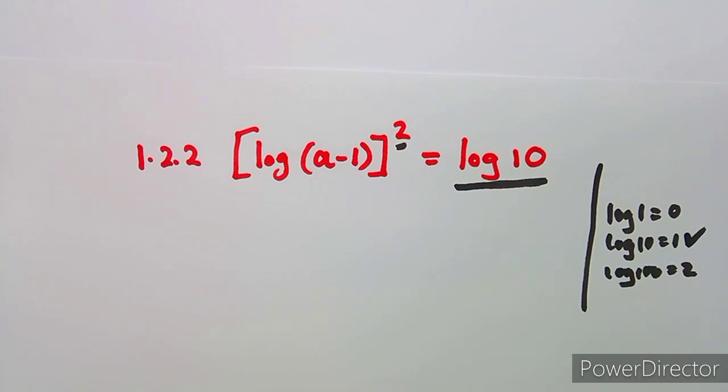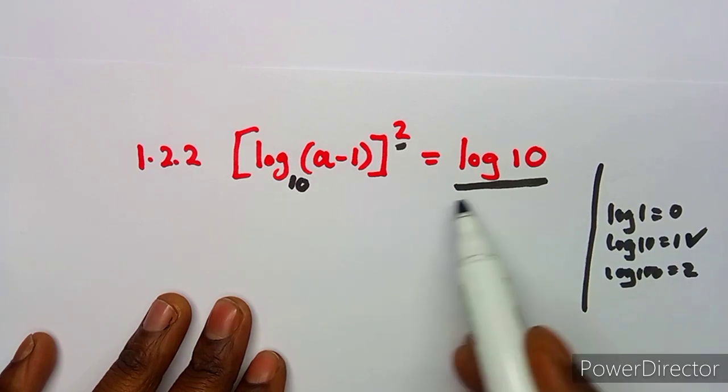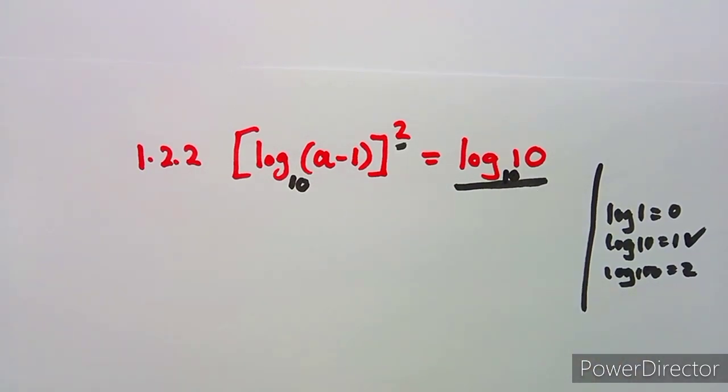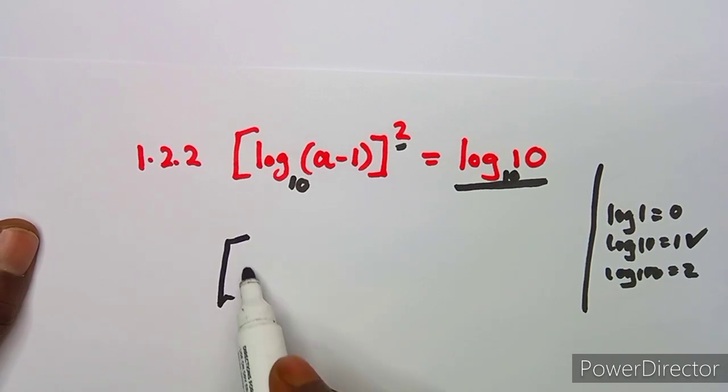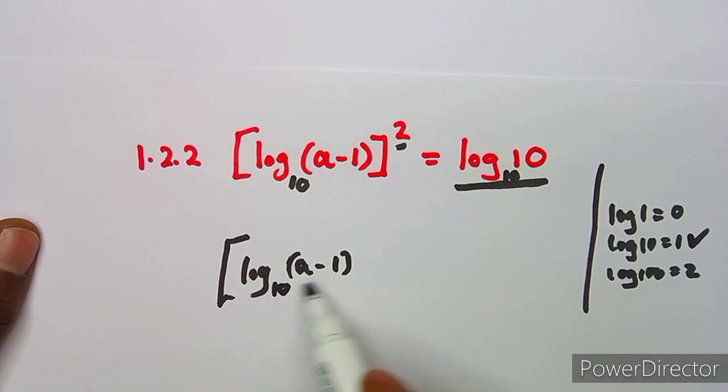Remember I told you guys that when the base is not given, it means you are in base 10. So it means this one is same as base 10 here, base 10 here. That is what it means. If the base is not given, you are in base 10. All right. So now I'm going to write this as log a minus 1 in base 10.